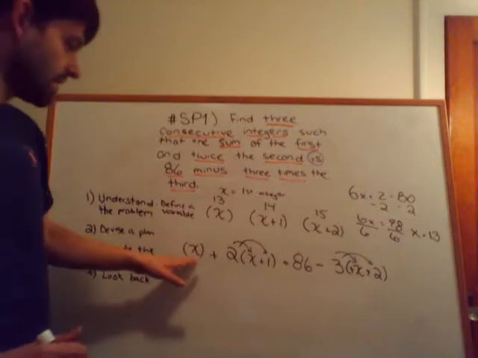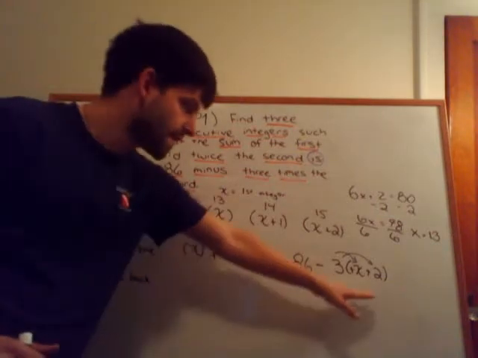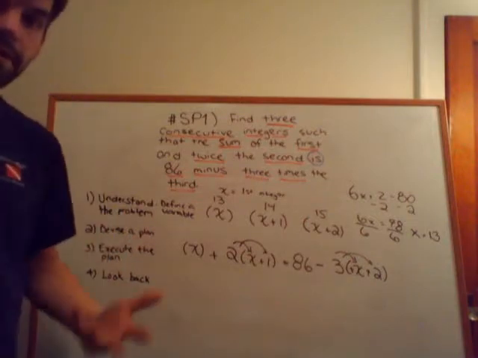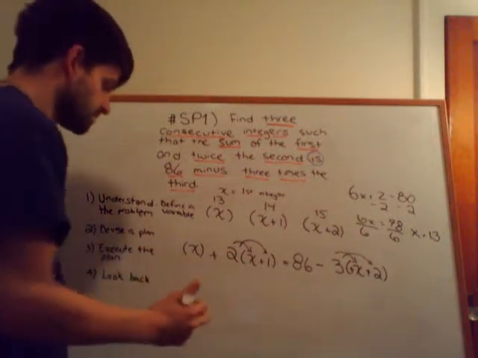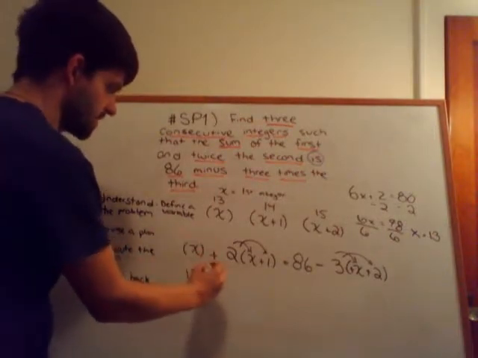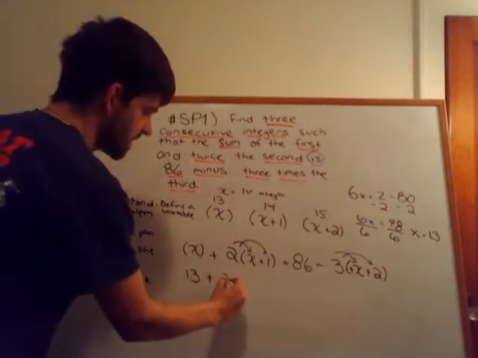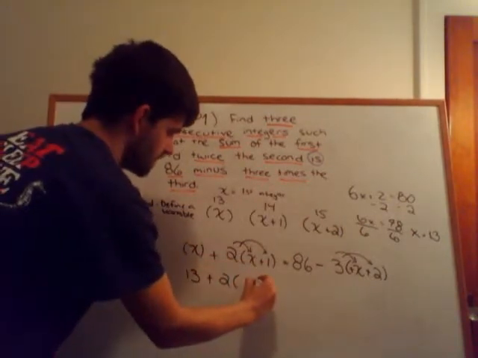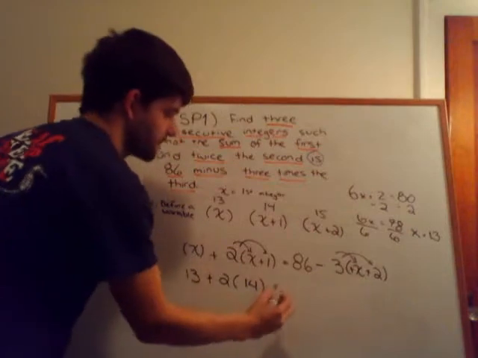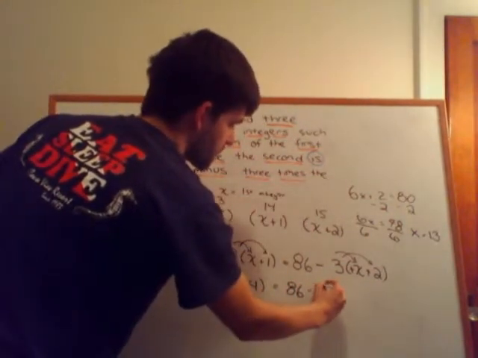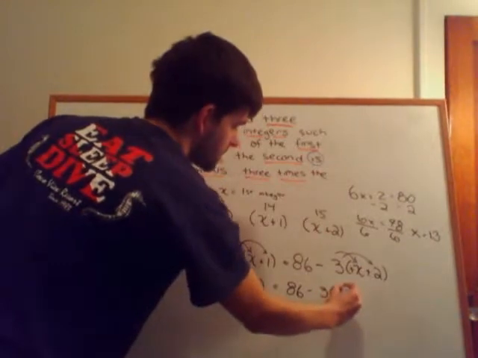But instead of having x plus 1 and x plus 2 as the consecutive integers algebraically, now we have values that we can sub in for. So we have 13, our first integer, plus 2 times the second integer, which is 14, is equal to 86 minus 3 times 15.